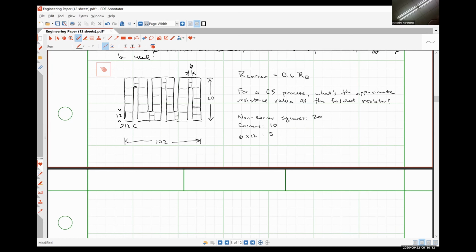So if I cut my rectangles in half like I've done, we can see that it's 2 squares, right? But it's 2 squares in parallel. Does everybody see why that is? Anybody know what I'm talking about?